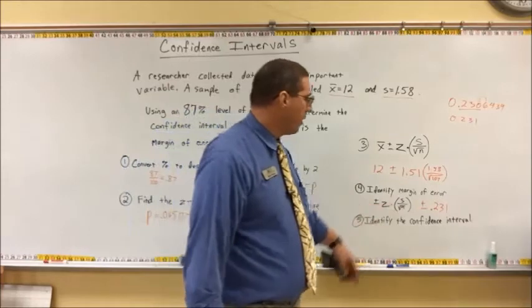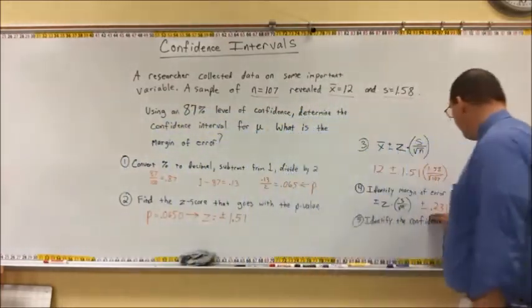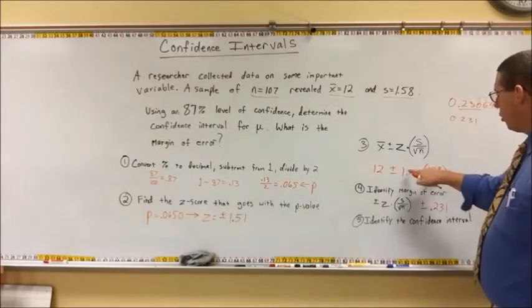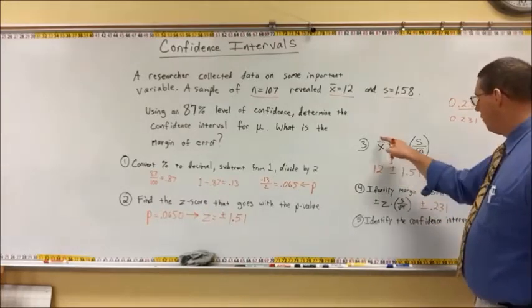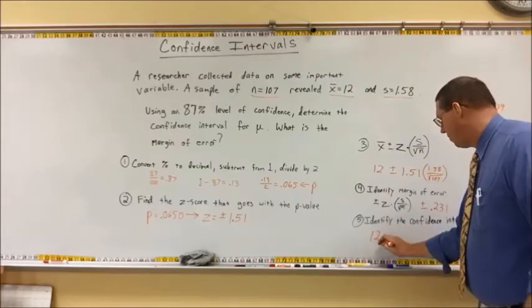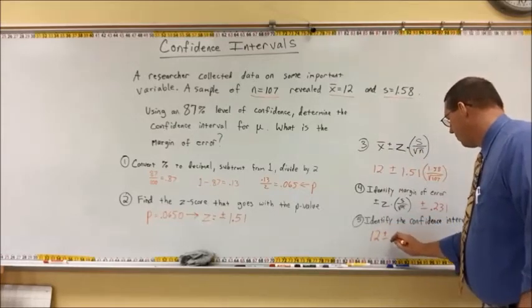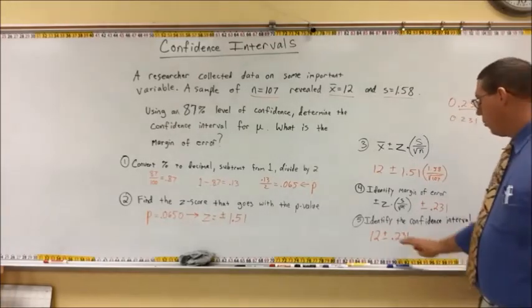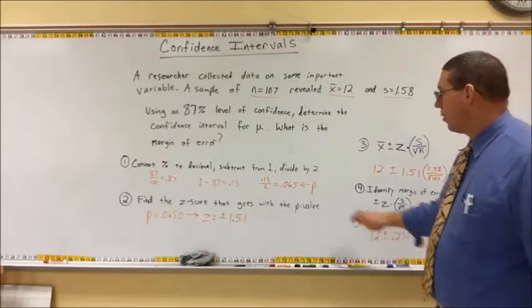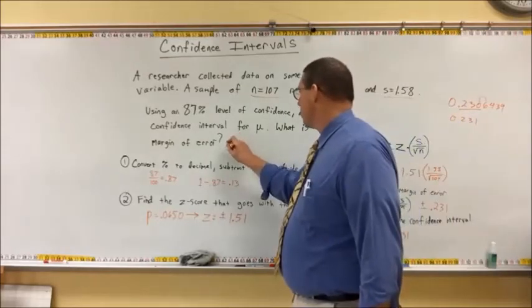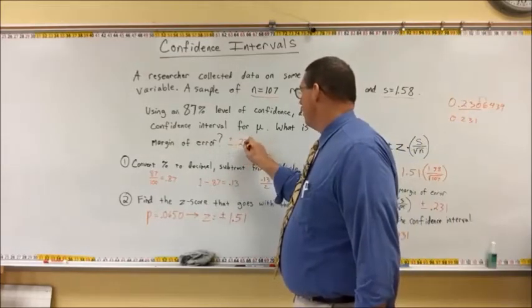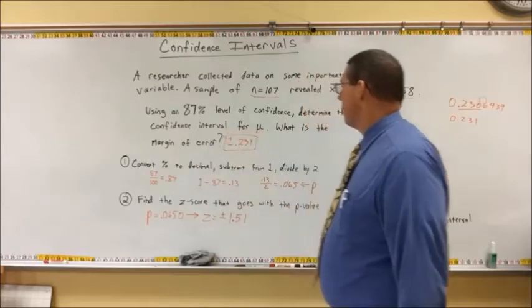Then it says identify the confidence interval. So the confidence interval is going to be this whole thing. The margin of error is plus or minus 0.231, and then 12 is the mean. So it's going to be 12 plus or minus 0.231. And so now we're going to write out our confidence interval. First of all, the margin of error is plus or minus 0.231. That's our answer for the margin of error.